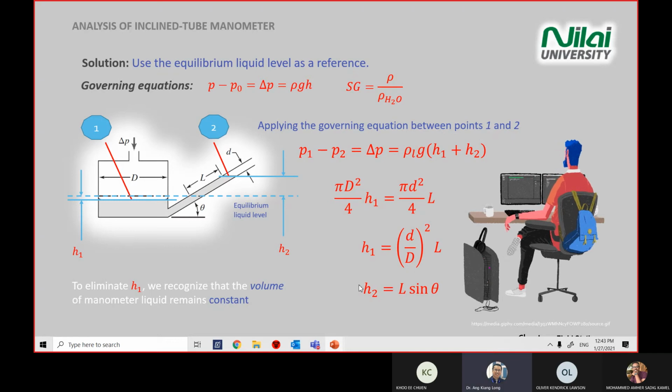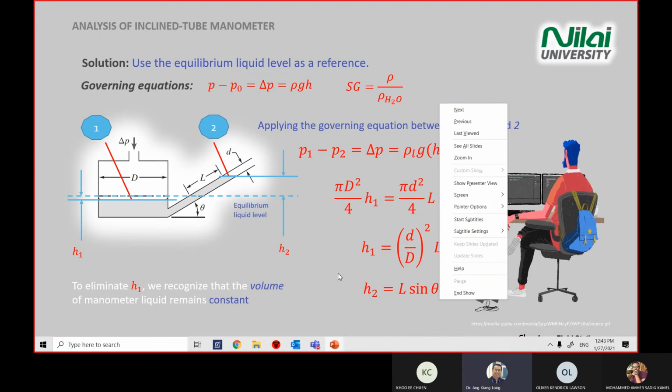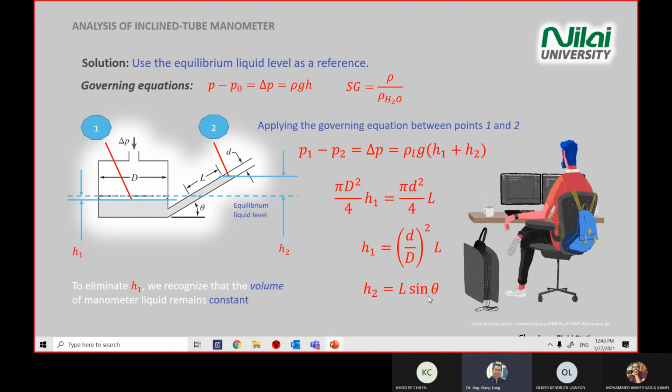Then we also want to eliminate H2 in terms of L. So how do you calculate your L? Use the trigonometry equation: H2 equals L sine theta.